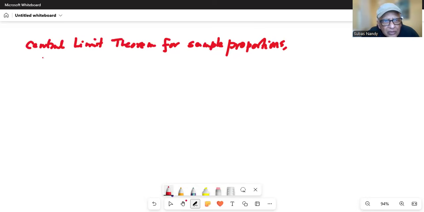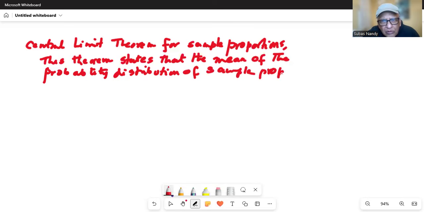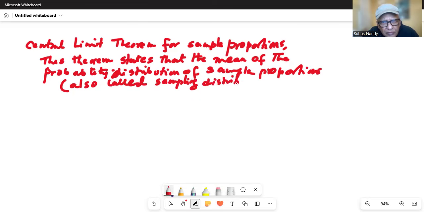And this theorem states that the mean of the probability distribution of sample proportions, also called sampling distribution, is denoted by the symbol mu p hat.